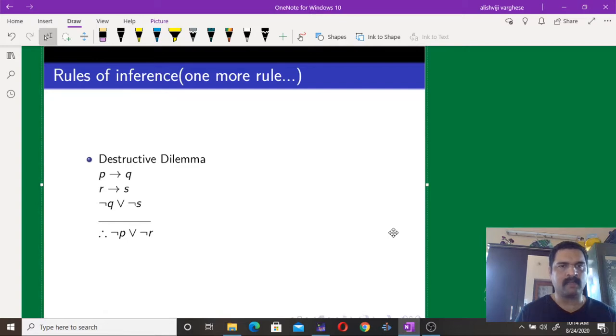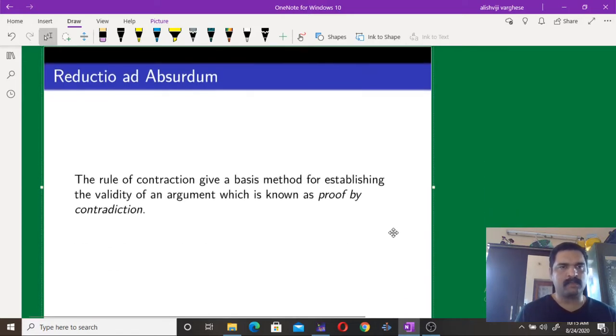And there is another one, destructive dilemma. P implies Q and R implies S, then negation Q or negation S implies negation P or negation R. So that is destructive dilemma. All these rules can be used to check the validity.